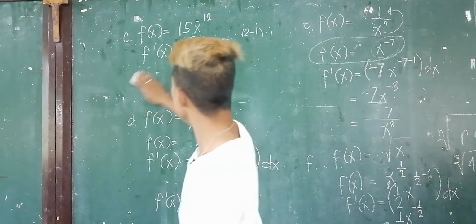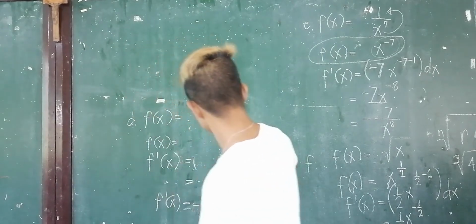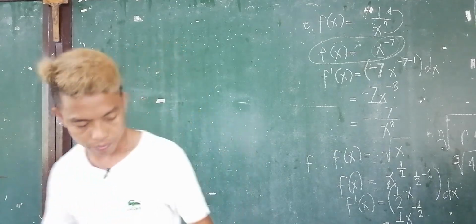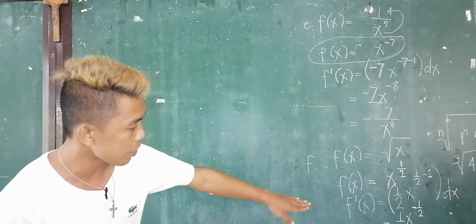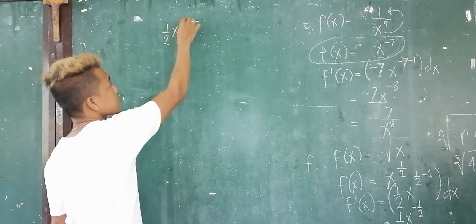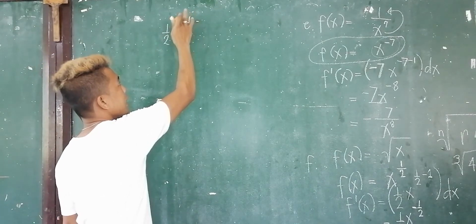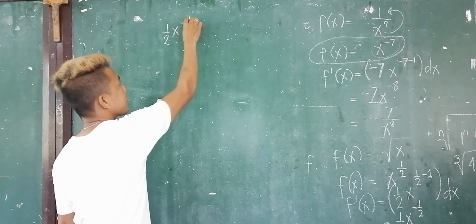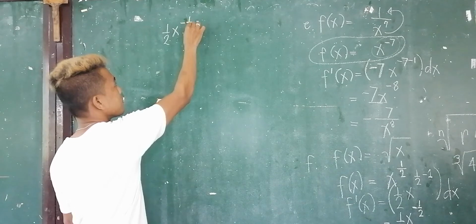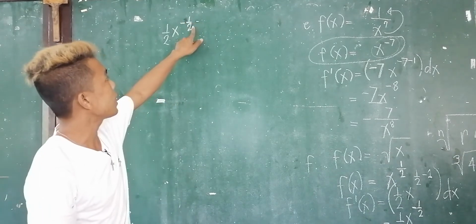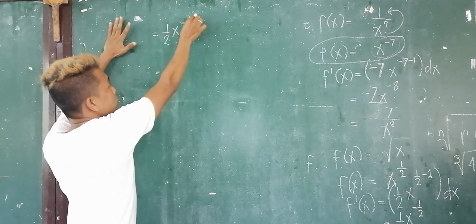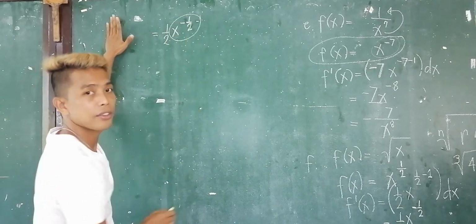We continue solving. Ayan. So, nandoon tayo. That is, i-copy lang muna natin, 1/2 x raised to negative 1/2. Sana nababasa pa dyan sa video. Ito yung ilalagay natin sa denominator, etong x na may negative.